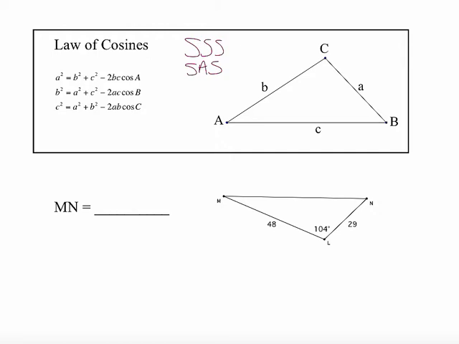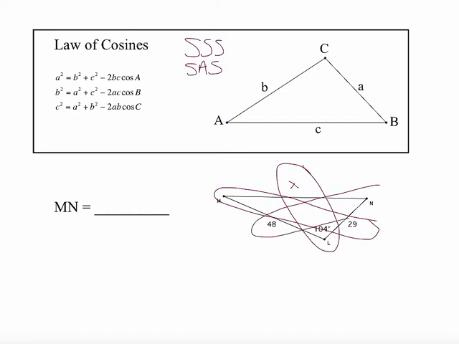So look at the example that I have here, and I'm looking for mn. So I'm going to call that x. And what I see is when I try and do the law of sines, I have x over the sine of 104. That's fine. But I do not have an angle that I know opposite of 29. And I do not have an angle opposite the 48 that I know.